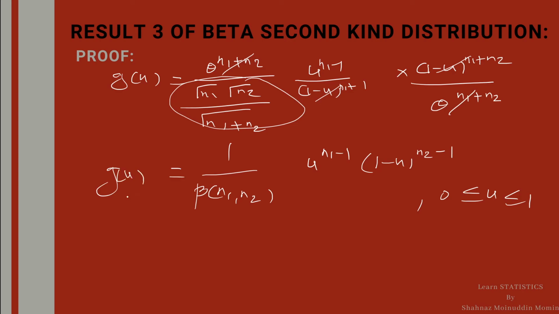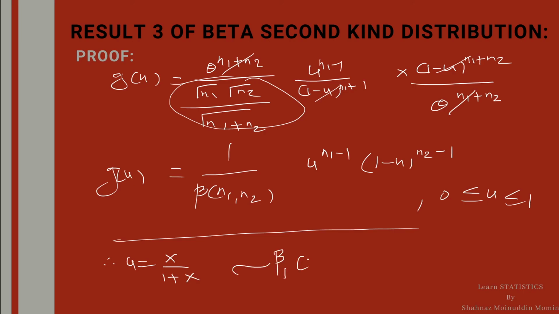This is the marginal of u, where u equal to x by x plus y and x and y are independent gamma variates. From the above expression, it is seen that the resulting PDF is nothing but the PDF of beta distribution of first kind. Hence, u equal to x upon x plus y follows a beta distribution of first kind with parameters n1 and n2. This is our result.